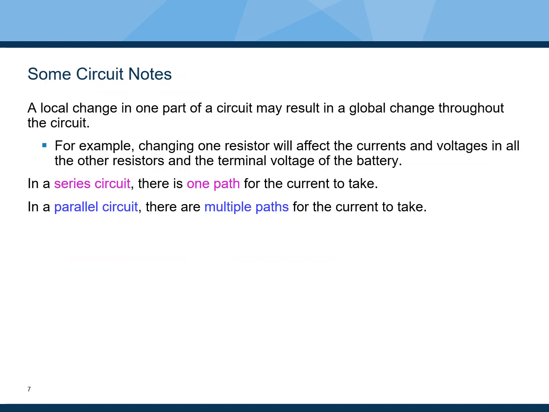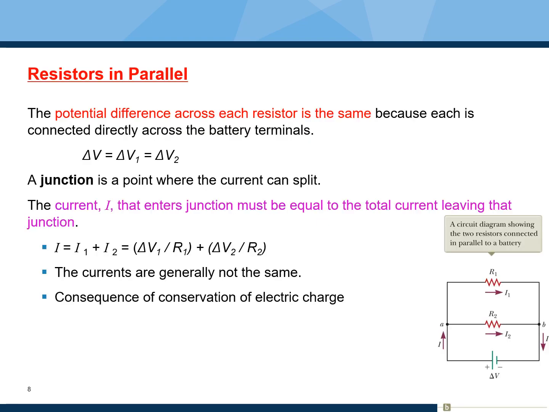Now let's go ahead and move on to resistors in parallel. So in series, the current only flows through one single path. In parallel, what happens is that there are multiple paths through which the current can flow. So that is the fundamental difference between series and parallel. And now let's go ahead and transition over to the process of connecting resistors in parallel.